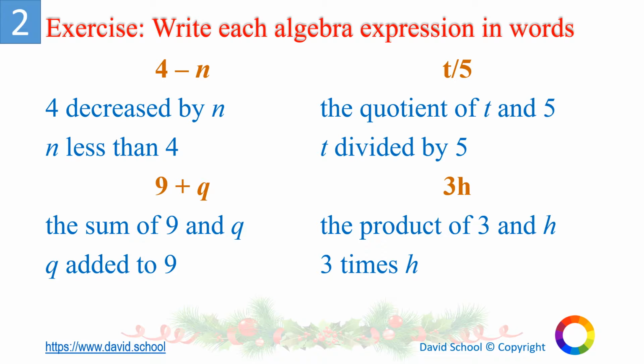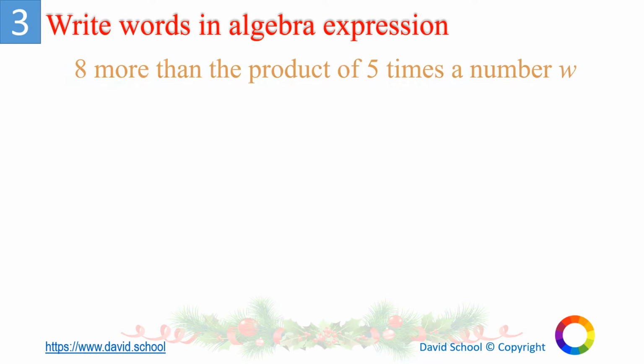Now let us translate verbal models into algebraic expressions. 8 more than the product of 5 times a number w. The product of 5 times a number w is 5w, and 8 more than that product would be 8 plus 5w.